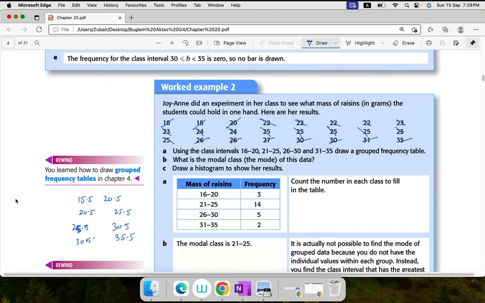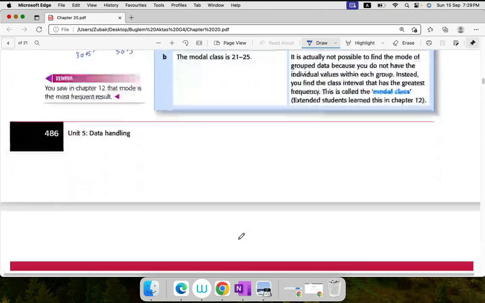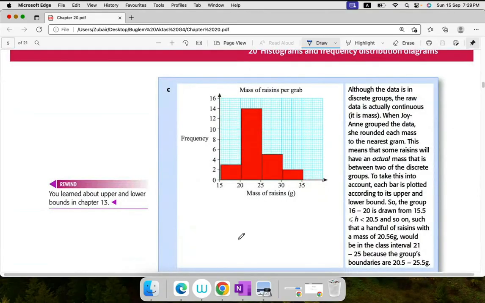And we will be using these symbols: less than or equal to, and less than. If we write these tables, or else we just draw these values. See, 15.5 to 20.5, and then 20.5 to 25.5, and there's no gap.